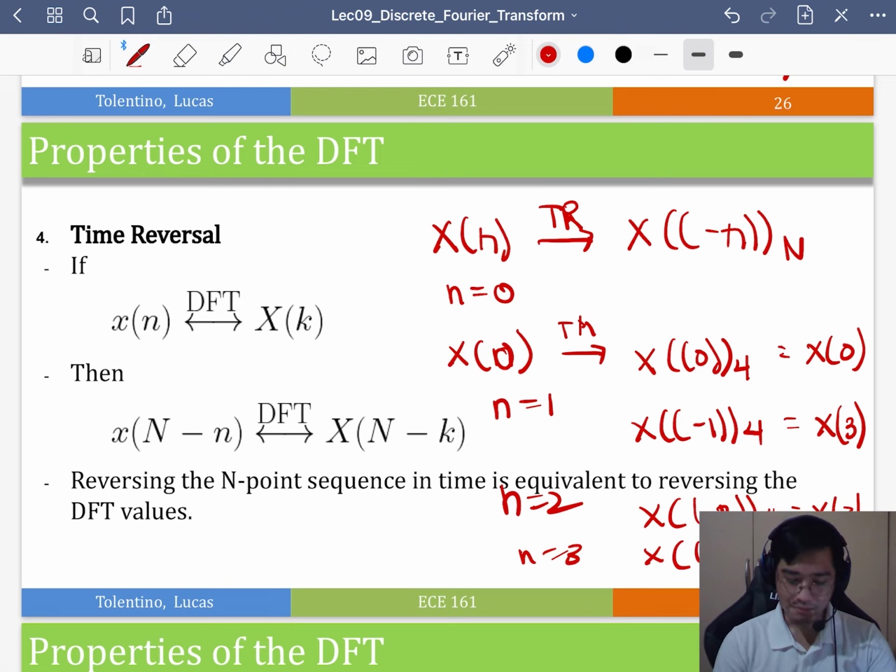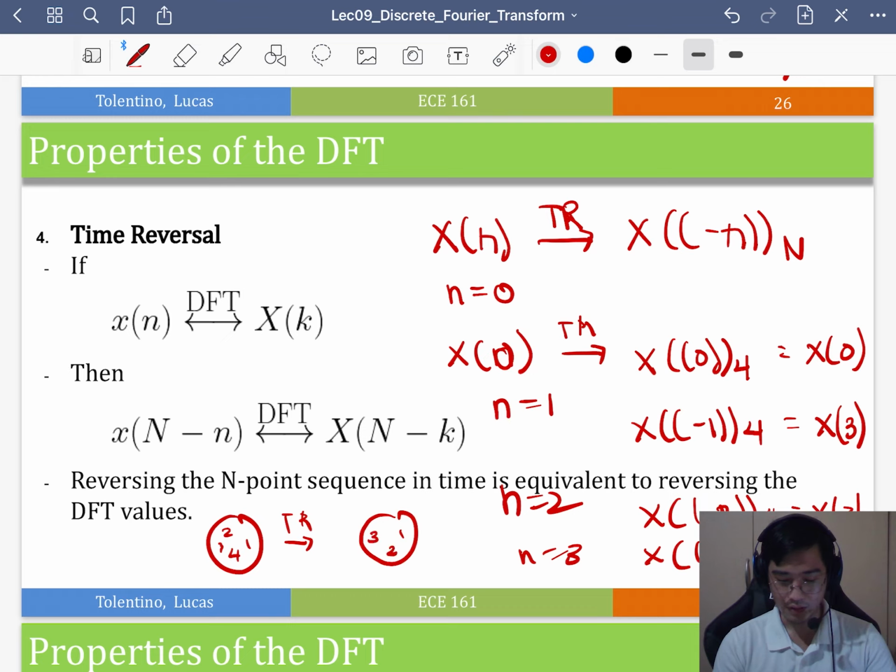So, for example, the time reverse of 1, 2, 3, 4 is read in the other direction, and we can see that x at n equal to 1 is equal to x of 3.